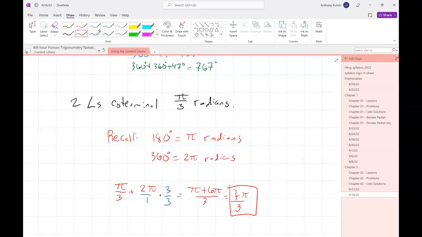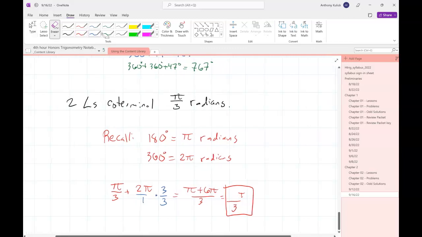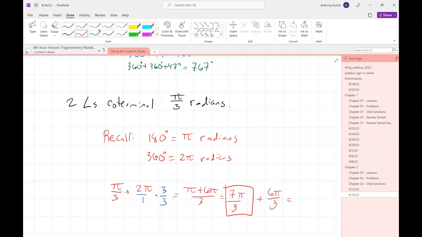Yeah, because it's always adding 360. Yeah, absolutely. Okay, and let's just do it again. I'm just going to write this as 6 pi over 3. Is that okay? Everybody's cool with why the 6 pi over 3?